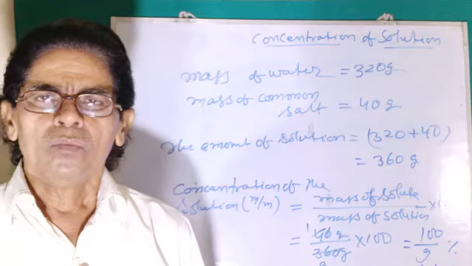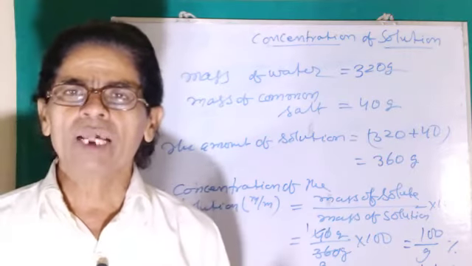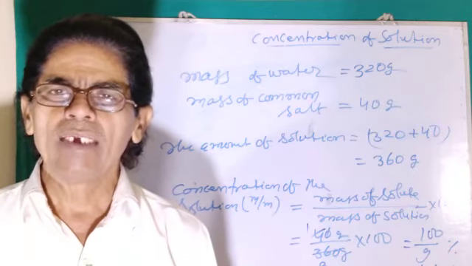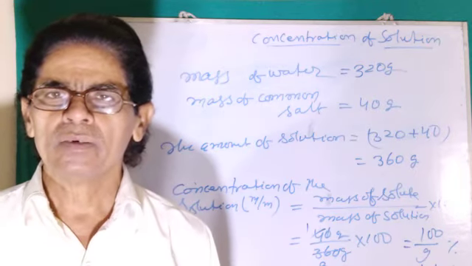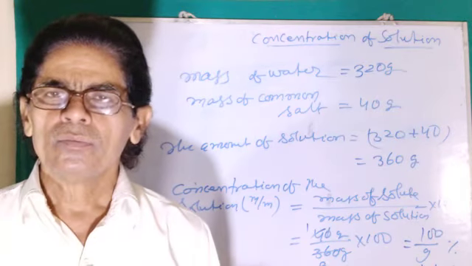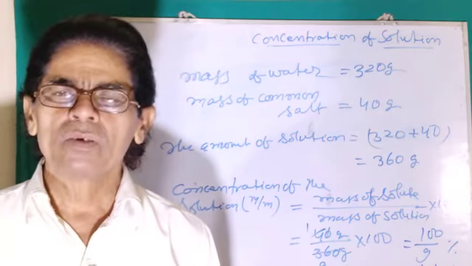Now, particles may scatter light when light is passed through the suspension. It is due to larger size of the suspended particles.